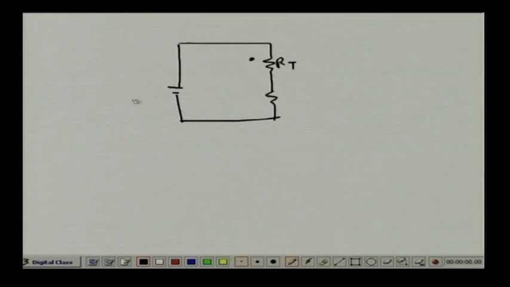Actually our circuit looks like this: the thermistor R T connected here, this excitation E x, and I am connecting this output voltage, this is R 1, right.